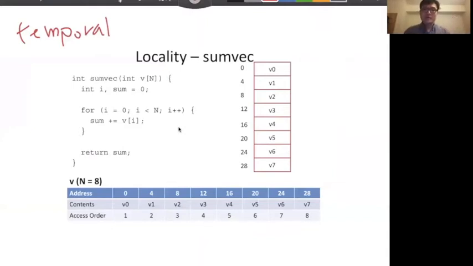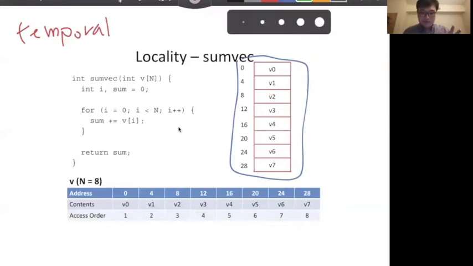We try to do the sum of this array, and in the memory address it looks like this. When you initialize an array, it is put into your memory sequentially, consecutively in the memory space. So you have memory addresses 0, 4, 8, 12 for each data item. This is the array contents, okay?